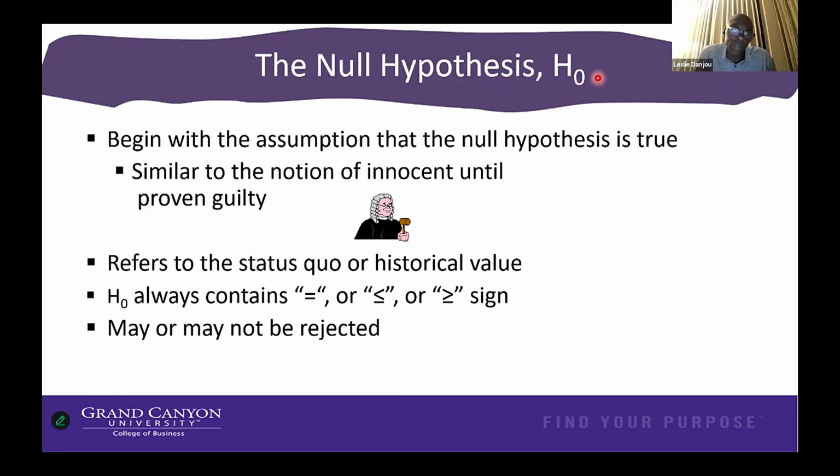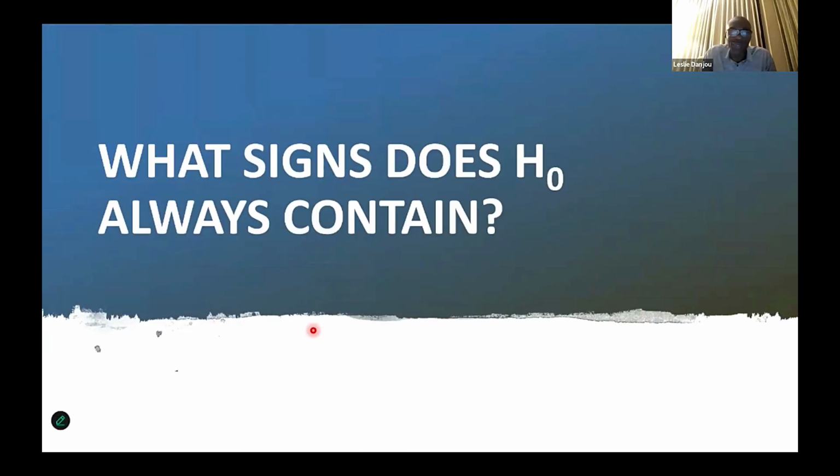When we're writing the null hypothesis, it will always have an equals sign in it. It's going to be equals to, less than or equals to, or greater than or equals to. It may or may not be rejected. We have to test it to see. Note to self: what is the sign that contains a null? It always has an equals sign in it.